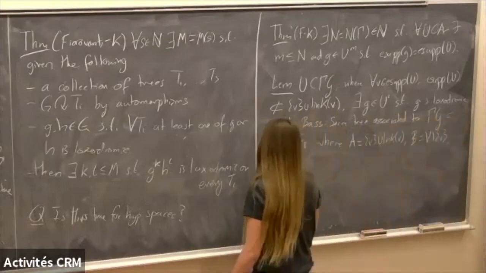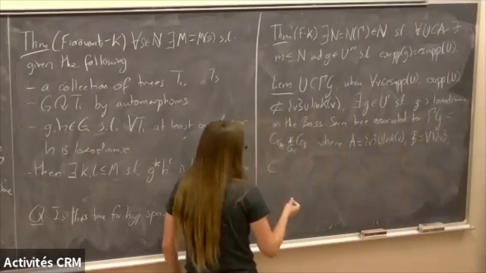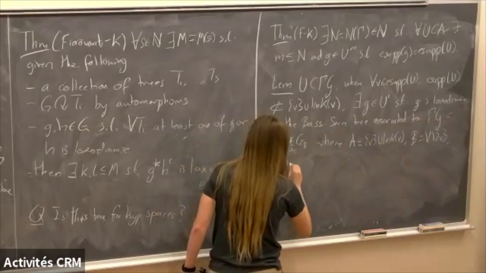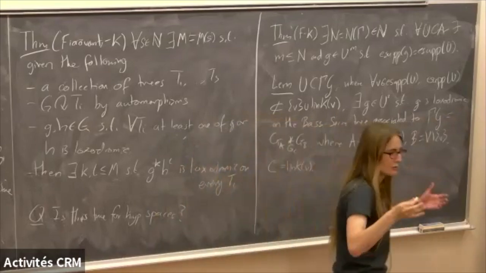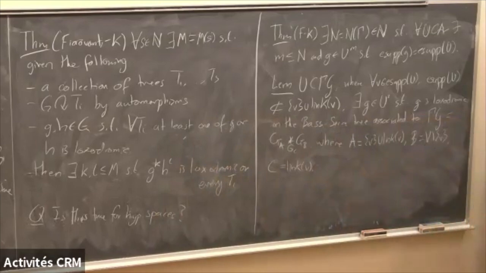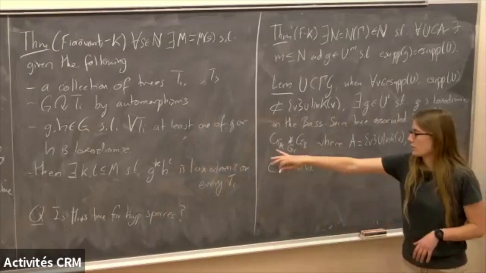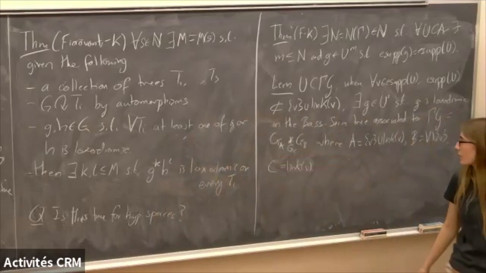So you can't use an HNN extension. It's not quite as nice because we're not just removing the vertex. It's the whole group that's gone. You have to add that back in. You need that information, which is why you need this group here.